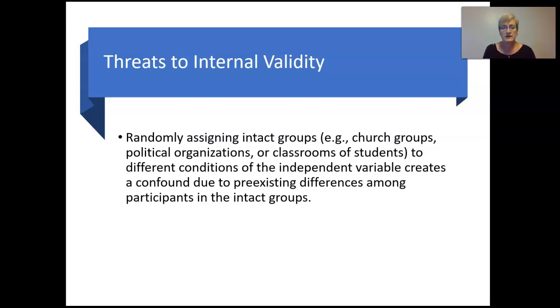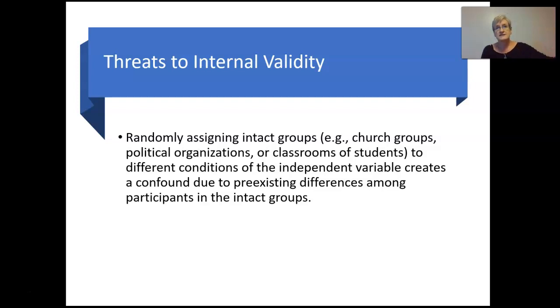Another example might be if I was studying a curriculum and the impact of that curriculum. I may have one version of the curriculum, a second version of the curriculum, and a control curriculum.